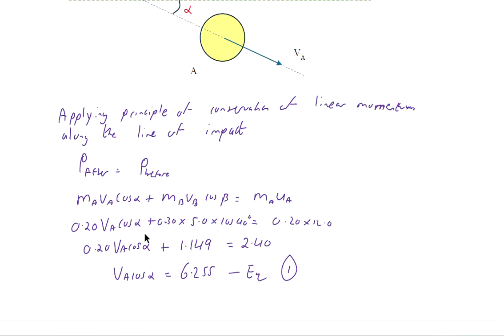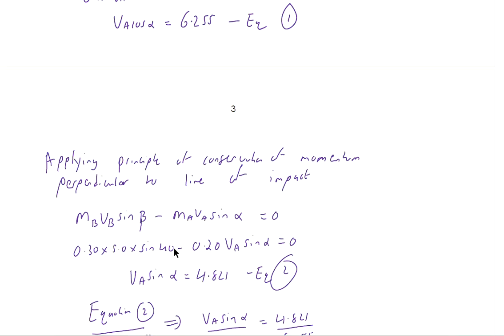Let me take that as negative. Minus MA VA sine alpha. So we simplify. I let you do the simplification. We are left with a second equation. VA sine alpha is equal to 4.821. This is equation 2.